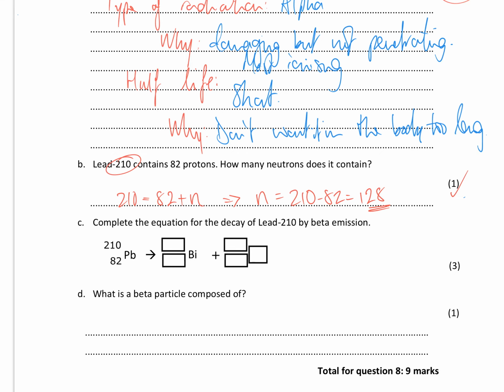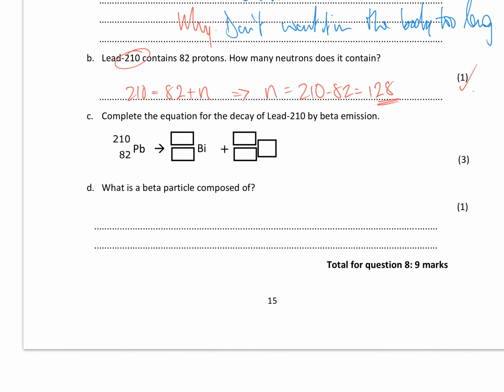Okay, next bit, we need to complete the equation. You should know that all these numbers along the top add up and all these numbers along the bottom add up. What's the information that you're not given? You're not given beta, so you need to assume and understand what beta is.